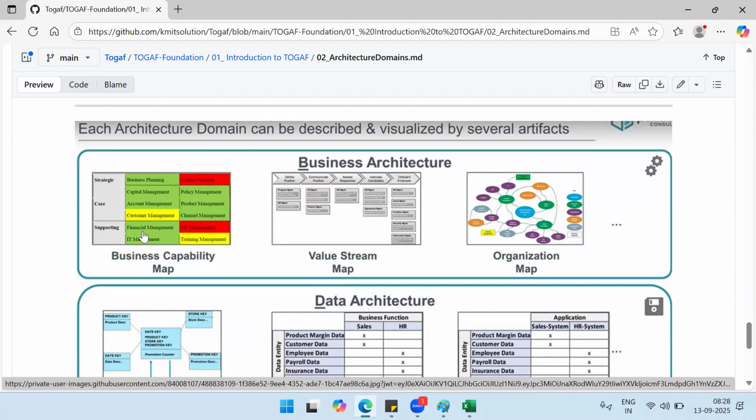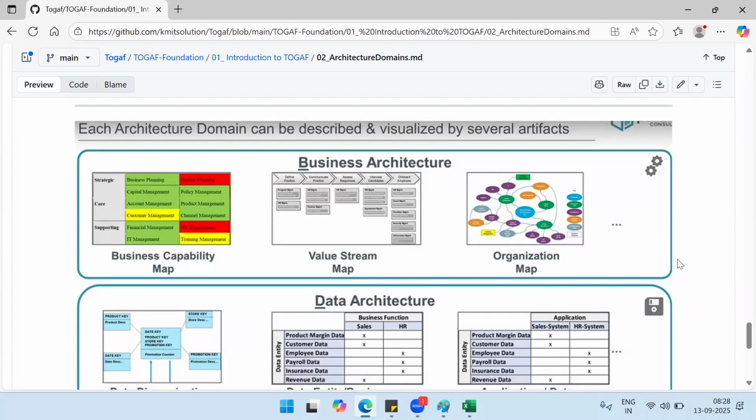What is the supporting, meaning we are supporting financial management, IT management, etc. And in the value stream map, there are different things like data partition, and what is the communication network, etc. That is under the value stream map, and the organization architecture will also be under this business architecture domain.